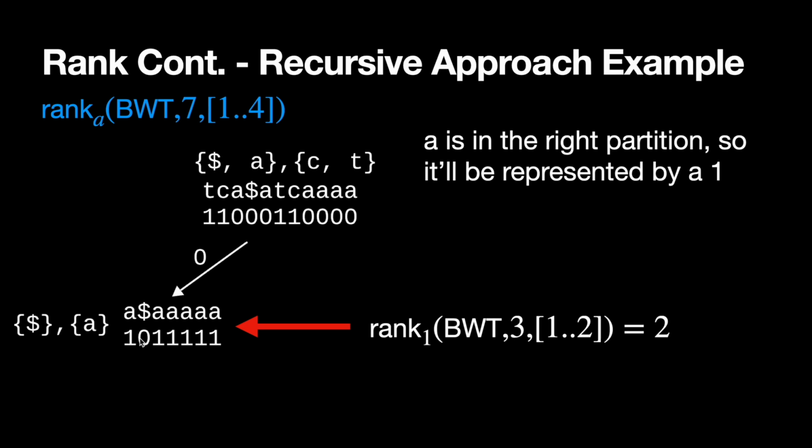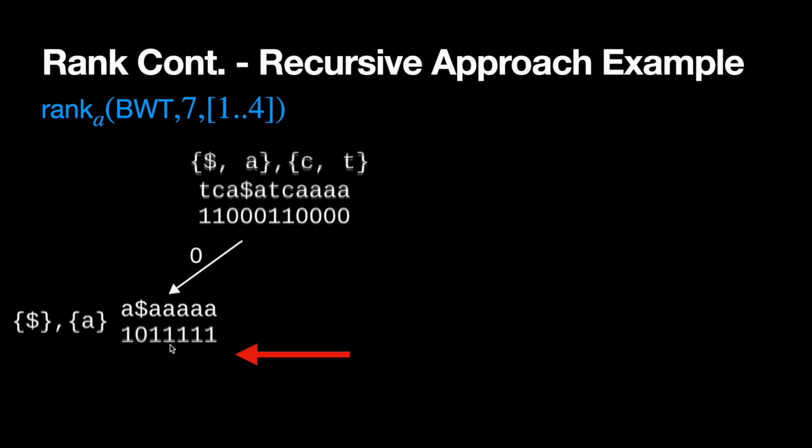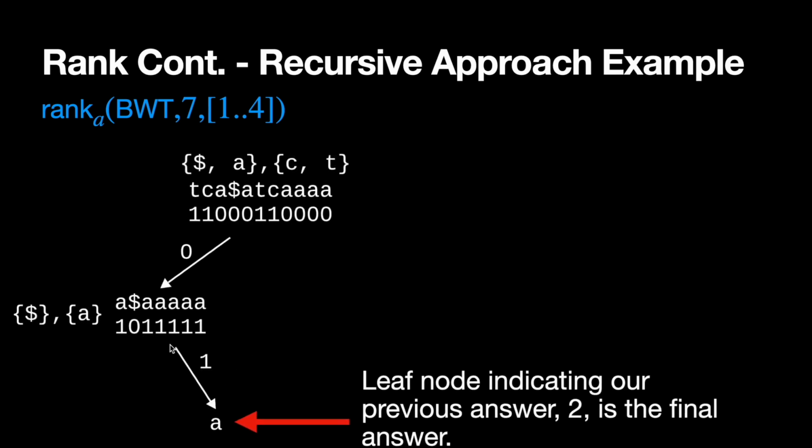That's essentially the question we're answering with this rank query. So we see that there are 2 1s in the first 3 positions, which tells us that of those 3 zeros which occurred before position 7, 2 of them were A's, which is what makes our final answer 2. And this could keep going; essentially at each step we're narrowing down what portion of these zeros are actually representative of A's versus some other character.